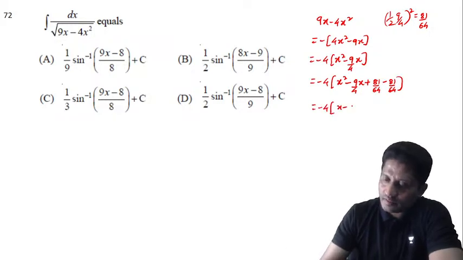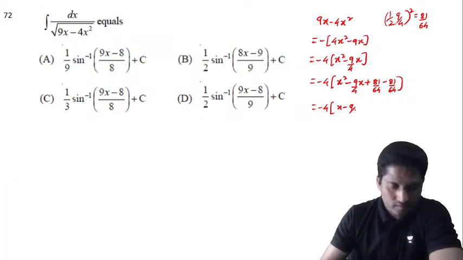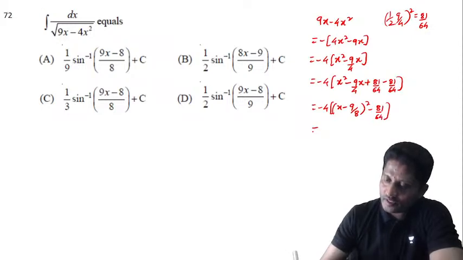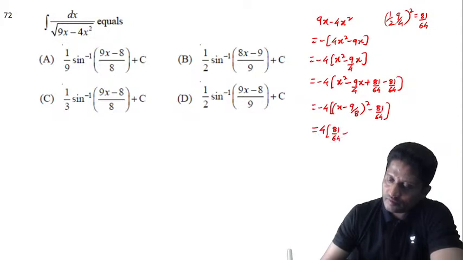So x minus 9 by 8 the whole square, minus 81 by 64. If you take minus common and interchange, it will be equal to 81 by 64 minus of x minus 9 by 8 the whole square.